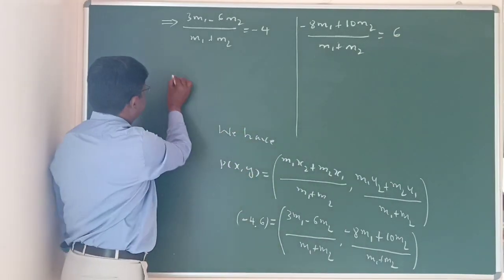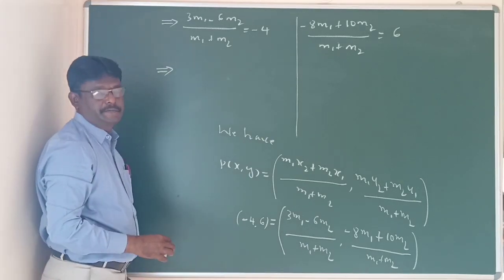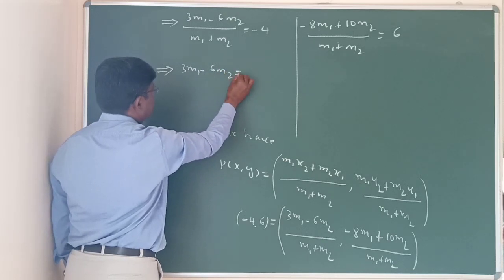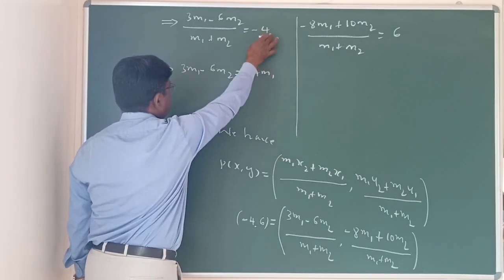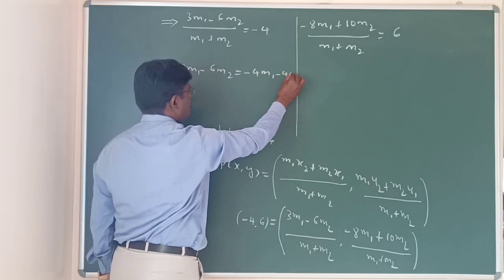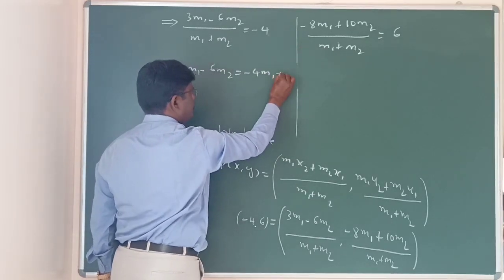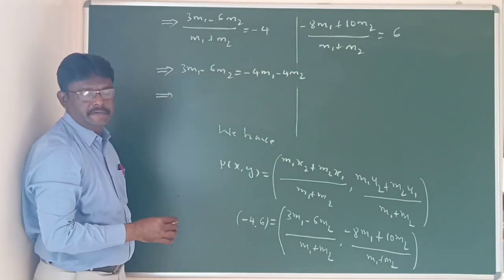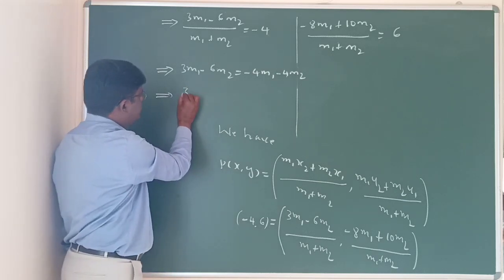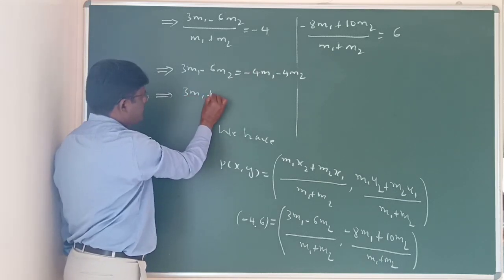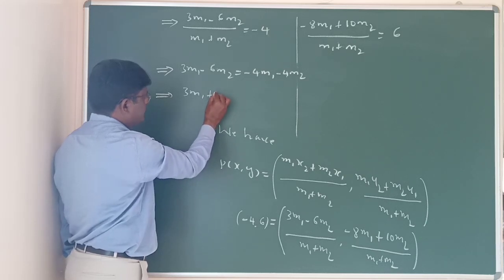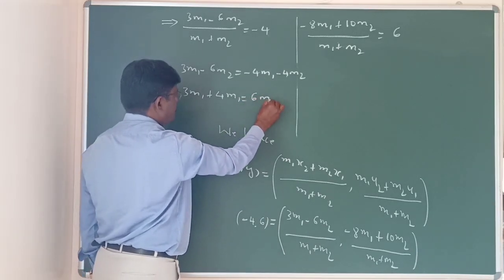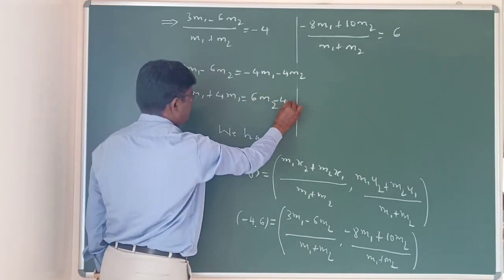Now let us simplify this. Do the cross multiplication: 3m1 - 6m2 equal to -4m1 - 4m2. Now let us group the like terms. 3m1, bring this -4m1 to the left hand side, it becomes plus 4m1. -6m2, bring the -4m2 across, it becomes plus 4m2.